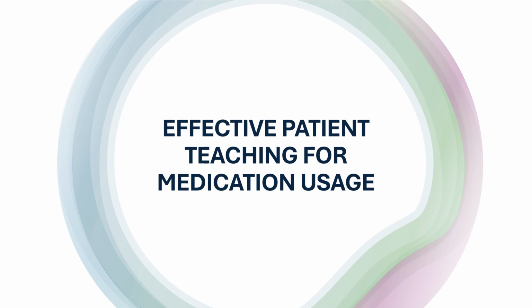Now, to minimize the potential for medication errors, the nurse should teach the patient or home caregiver the following. First, know the names of all medications they are taking, the uses, the doses, and when and how they should be taken.